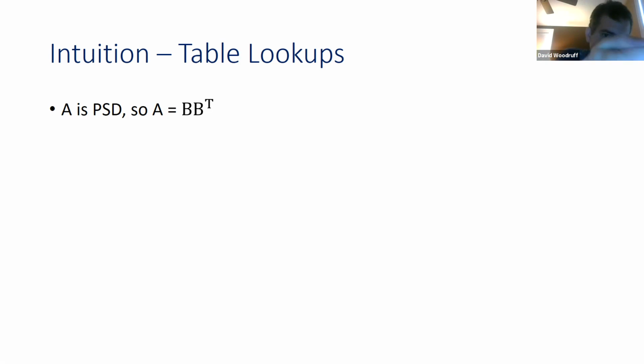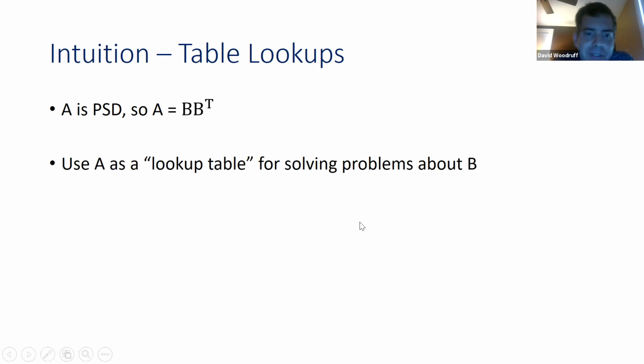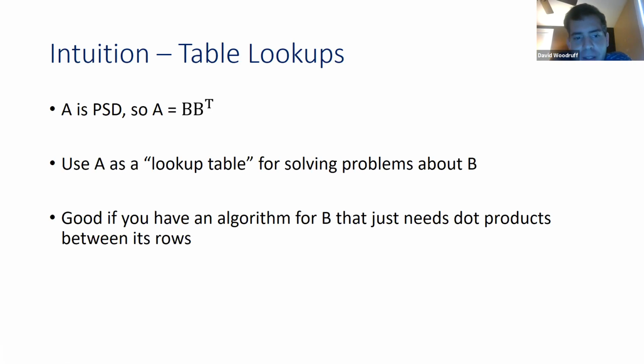You just read the single entry in A. So you use A as a lookup table for solving problems about B. And this is great, as I said, if you have an algorithm for B that just needs dot products between its rows. And in fact, there are lots of low-rank approximation algorithms that have this form.